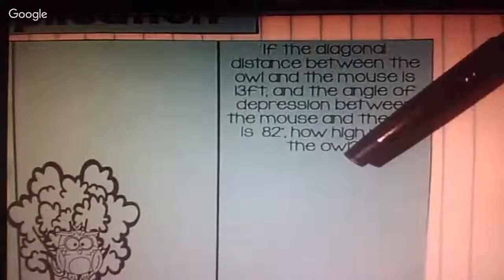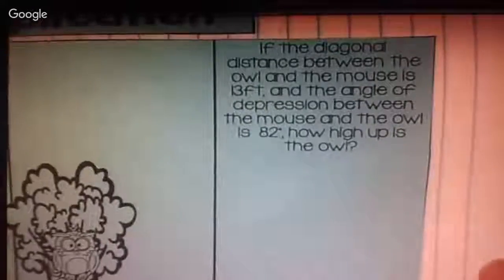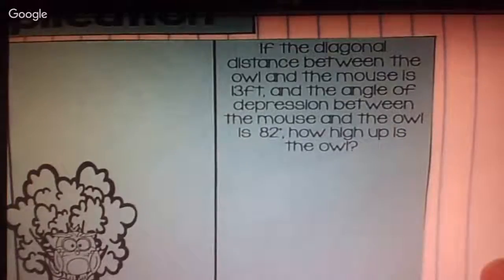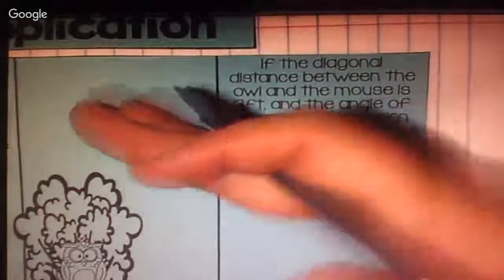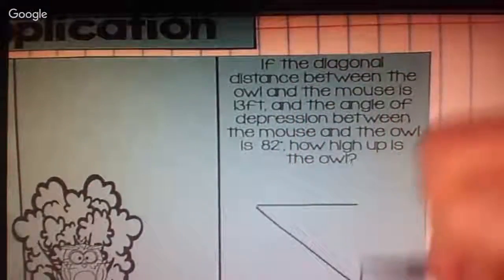Okay, last one. If the diagonal distance between the owl and the mouse is 13 feet, and the angle of depression between the mouse and the owl is 82 degrees, how high up is the owl? Do I need a floor or a ceiling? Ceiling. I need a ceiling. From the ceiling down is my angle of depression.